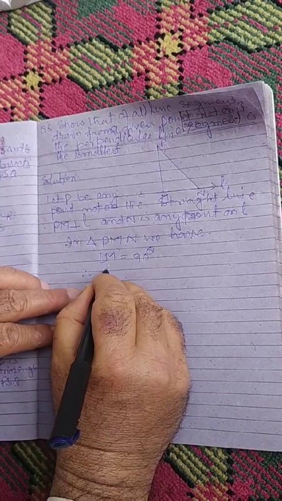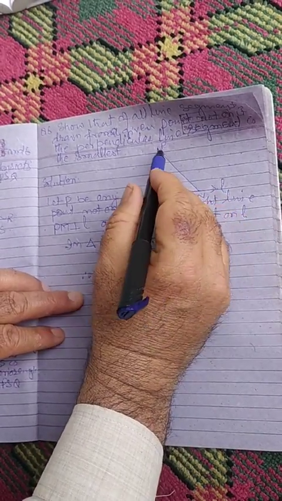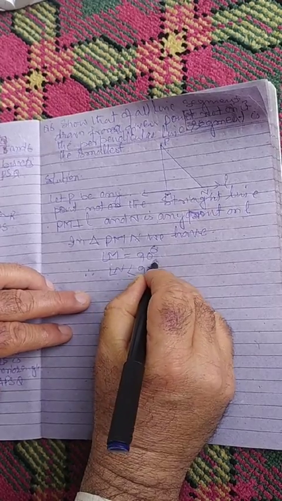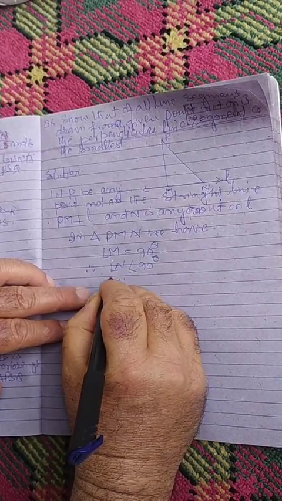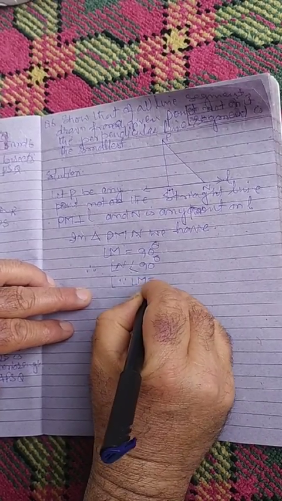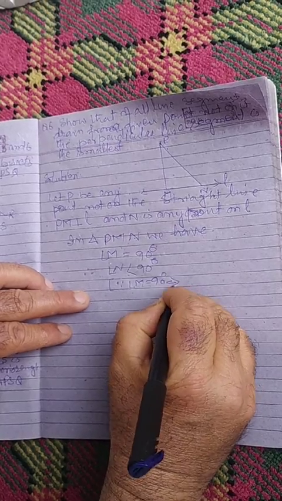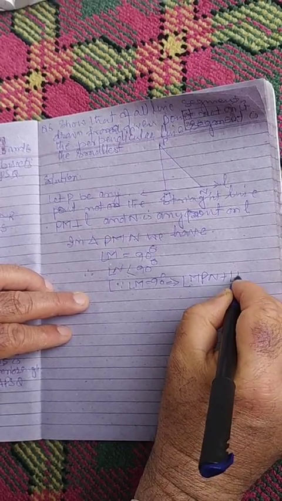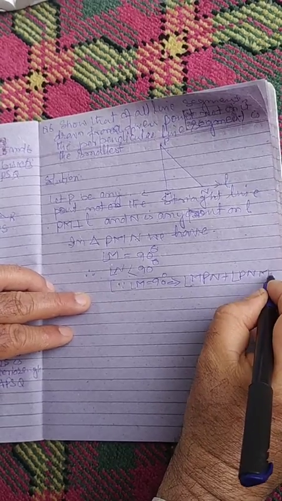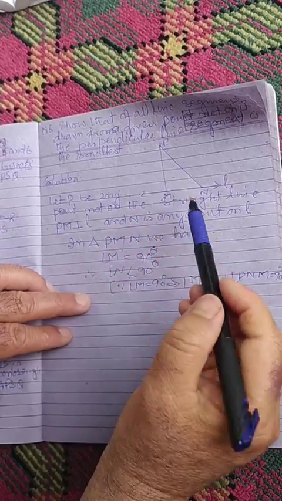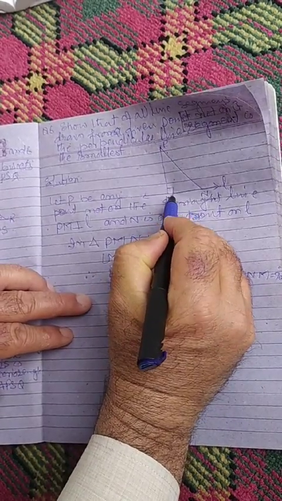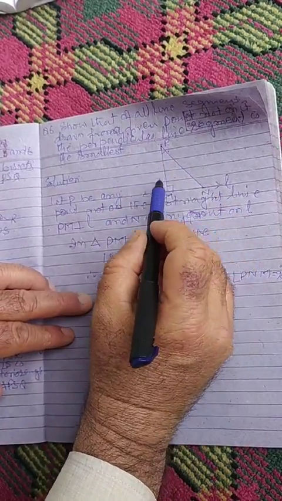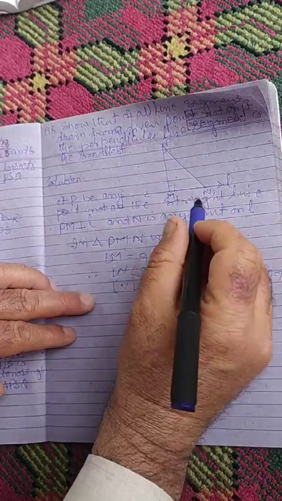Therefore angle N, this angle PNM, is less than 90 degrees, because angle M is equal to 90 degrees, which implies angle MPN plus angle PNM is equal to 90 degrees.